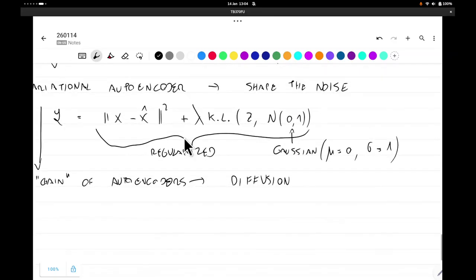So diffusion models can be explained as a proper chain of these autoencoders that go from the original representation down to the Gaussian and then back. DALL-E, the original image generation system, had an image generation part that was a diffusion model, so this chain of autoencoders, plus, of course, a language model, because you went from caption to image generation.